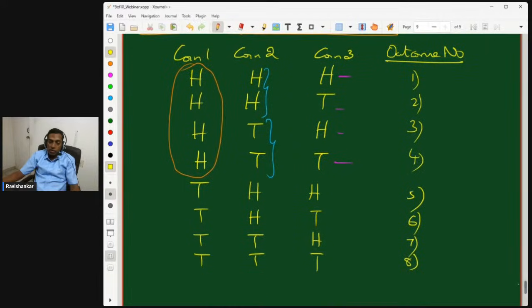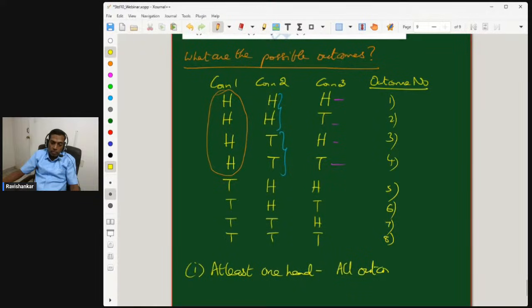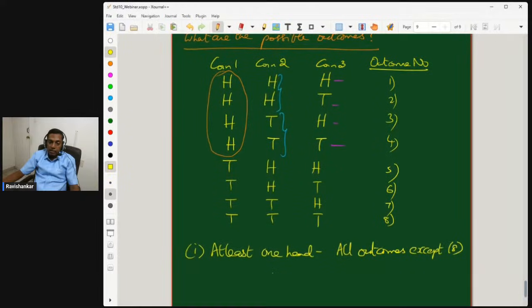Now, which outcomes have at least one head? All outcomes except 8 have at least one head. Therefore, probability of at least one head is equal to 7 by 8.